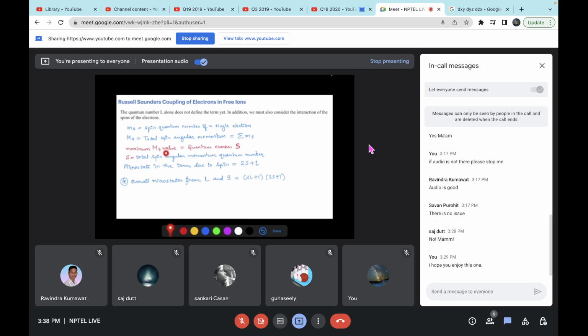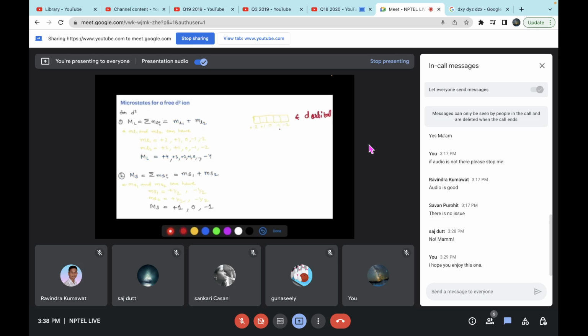The maximum MS value is equal to the quantum number associated with it, which is capital S, the total spin angular momentum quantum number. The number of microstates in the term due to spin is simply 2S plus 1. Overall, the microstates from capital L and capital S, we can write as the product of 2L plus 1 and 2S plus 1.